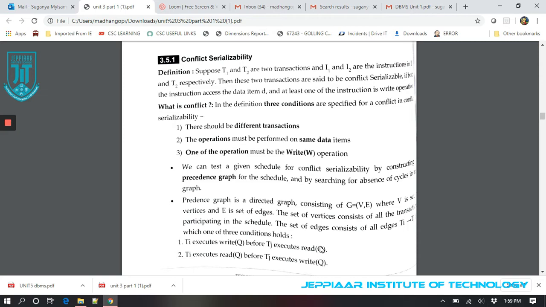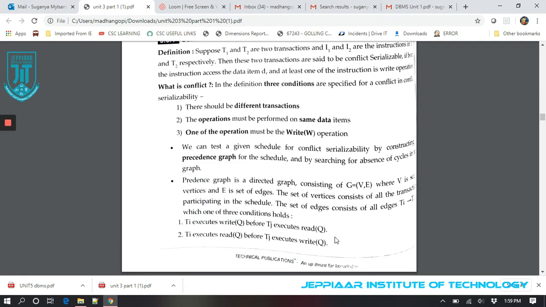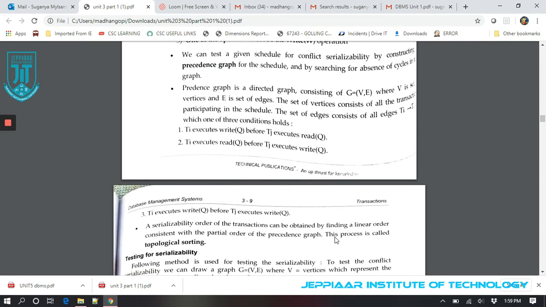The vertices are all the transactions participating in the schedule. Edges you draw with an arrow mark. The set of edges contains all the edges Ti to Tj, and they should satisfy these three conditions.